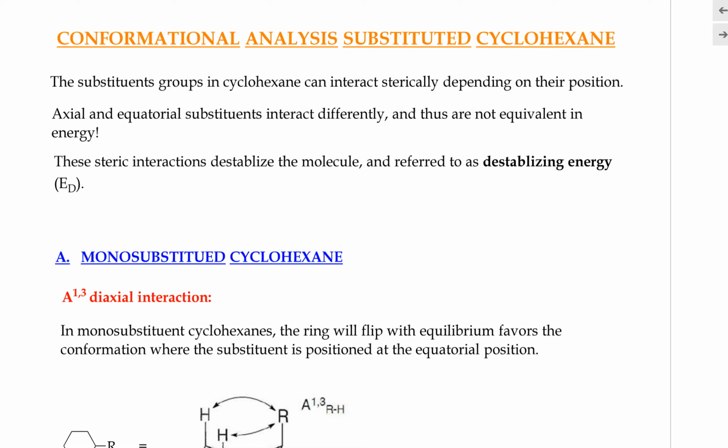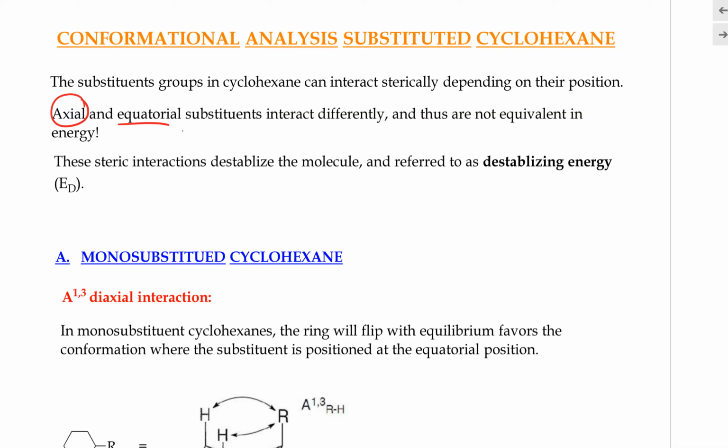And the two chair conformations are not equal in energy because in the two chairs, it's possible that this group will be facing axial or equatorial. And whether the substituent group is axial or equatorial, it would have different steric energy and therefore they are not equal in energy.